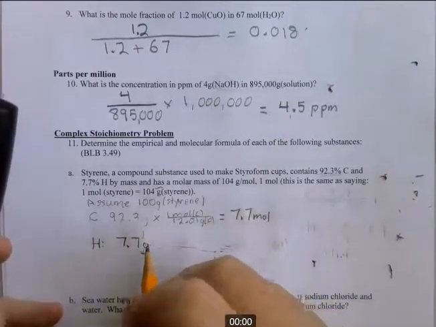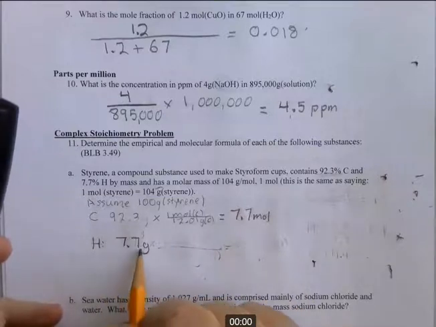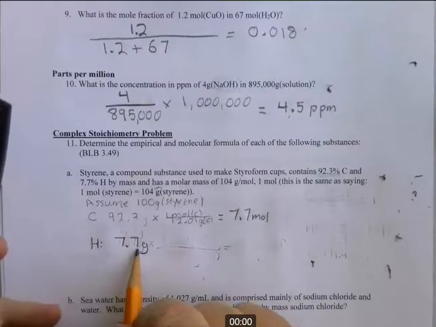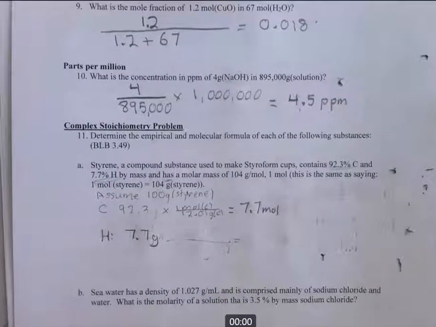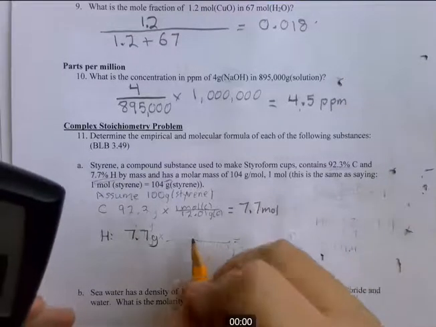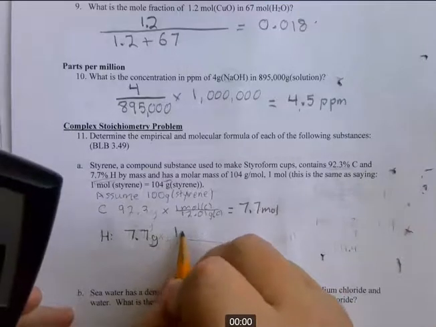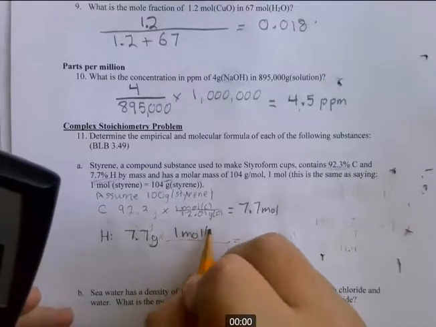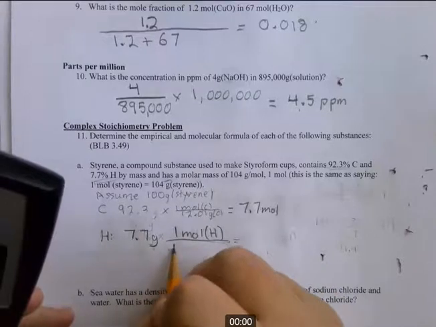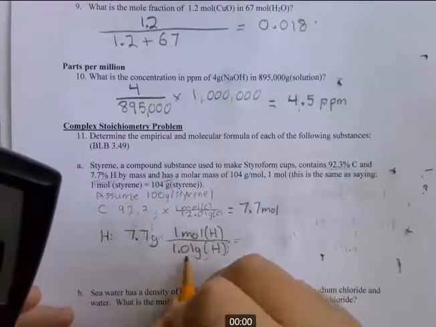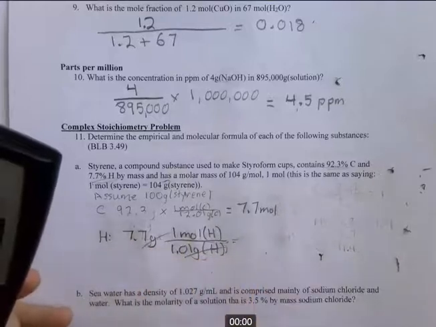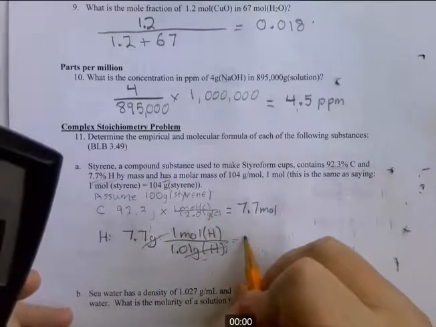And for hydrogen, we have 7.7 grams divided by 1.01 per hydrogen atom, and you end up with 7.6.